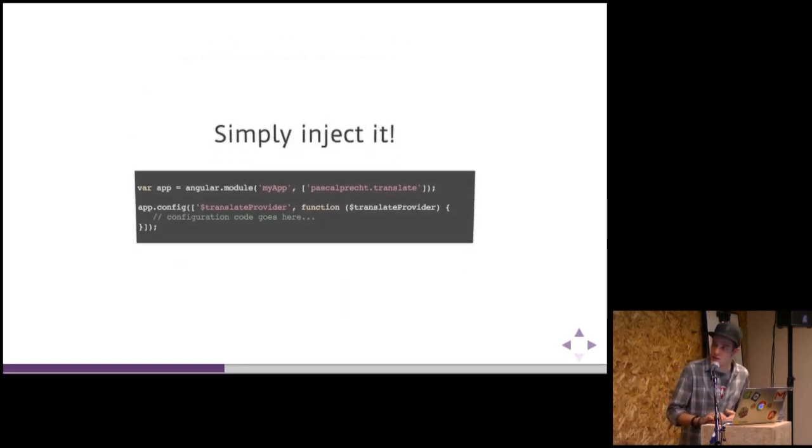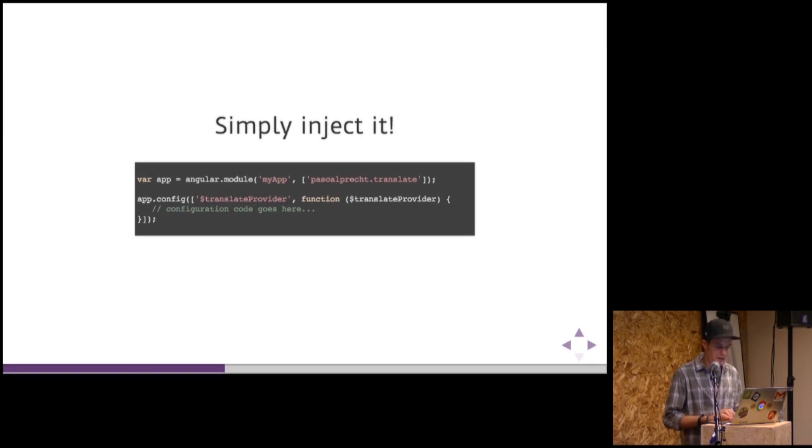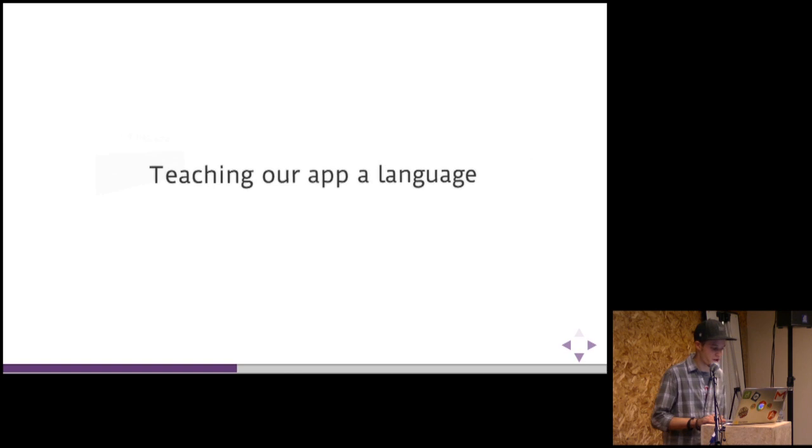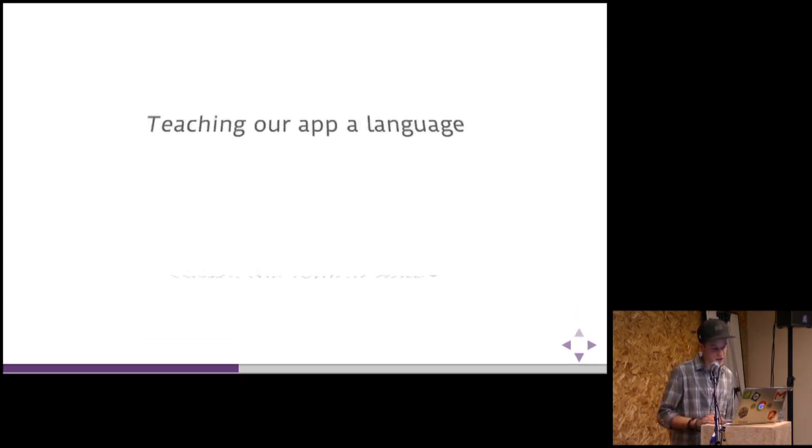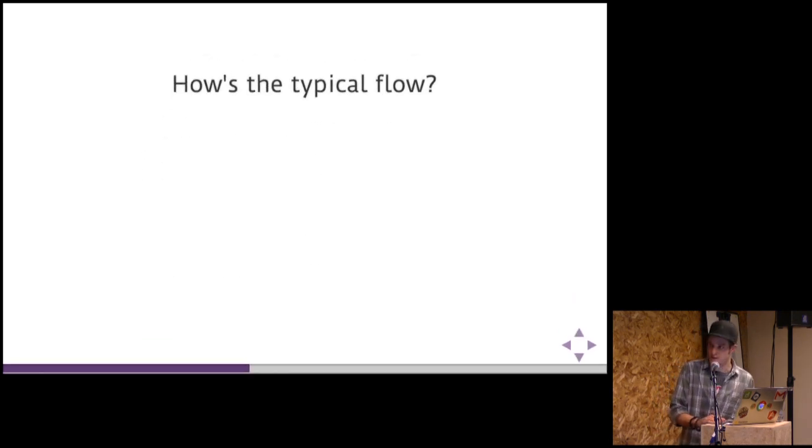Okay, so to use it you just have to first say that this module is a dependency of your app, and then you can, during the config function, inject the translate provider, and then you're ready to go. So, teaching your app a language. What's the typical flow? There are a few things.